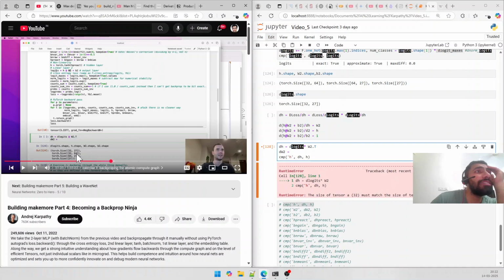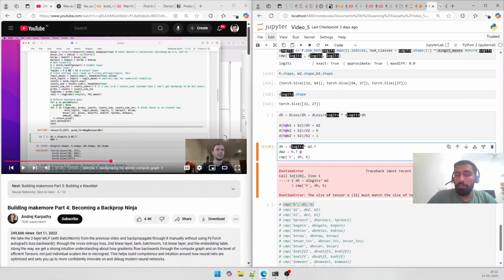The only way possible is to transpose H, so H.T. H transpose will be 64 cross 32, and d logits is 32 cross 27. So we will get a matrix of 64 cross 27.